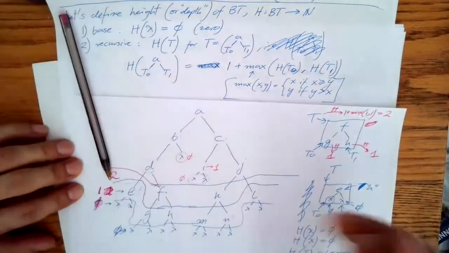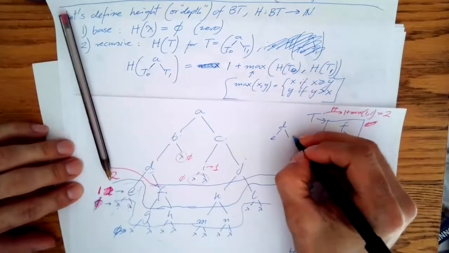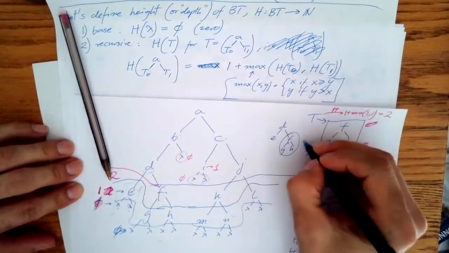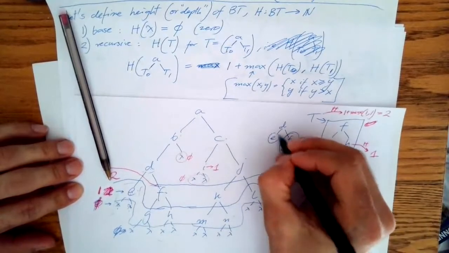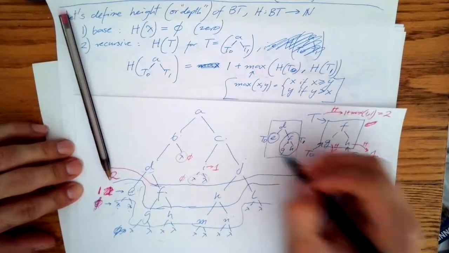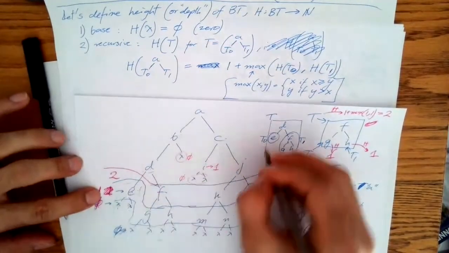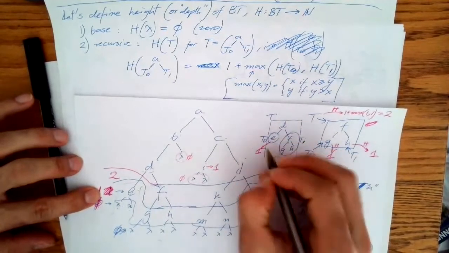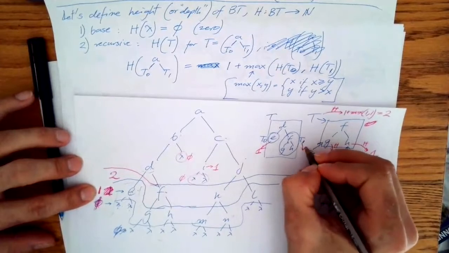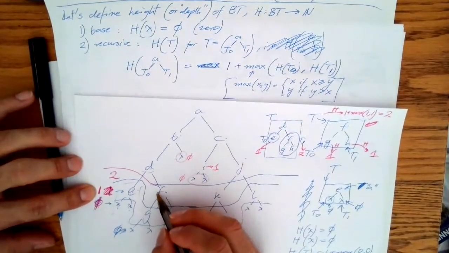So let's look. I have a D, to which I attach E and F, G, H. So this is a T0, a T1. This is a T0, and the whole thing is a T. Now the height function assigned 1 to this subtree, and 2 to this subtree.